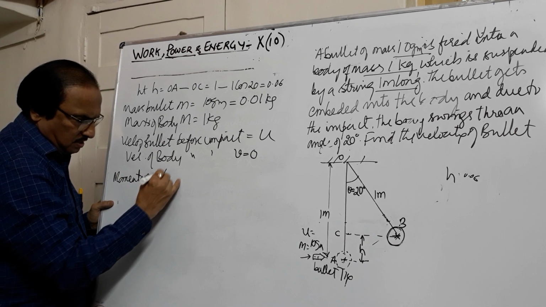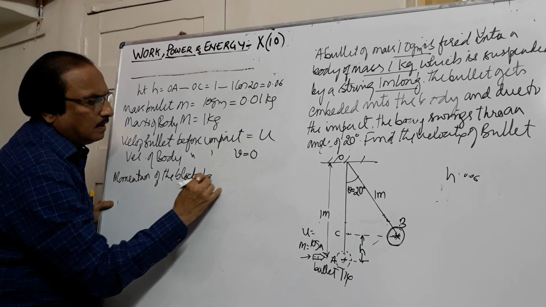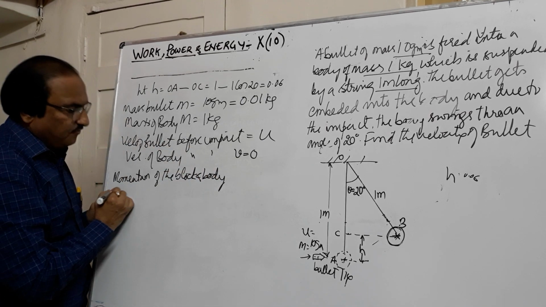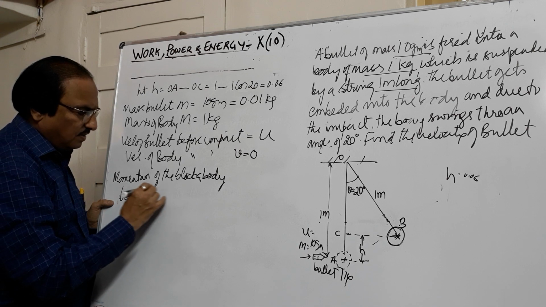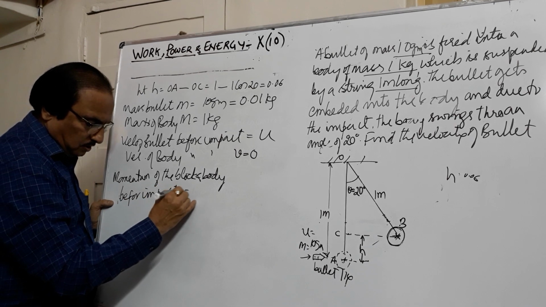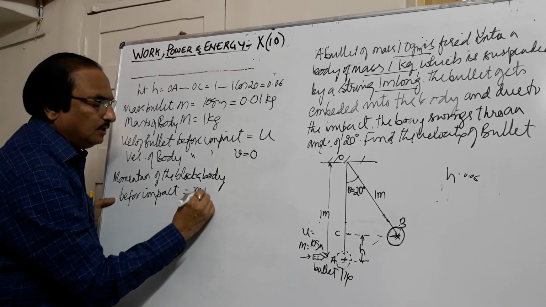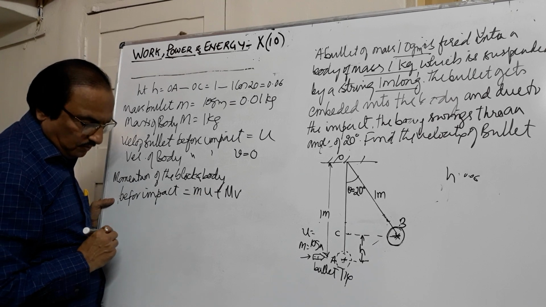Now the momentum of the bullet and body before impact is mass into velocity, m into u plus M into v, small v what we have taken.